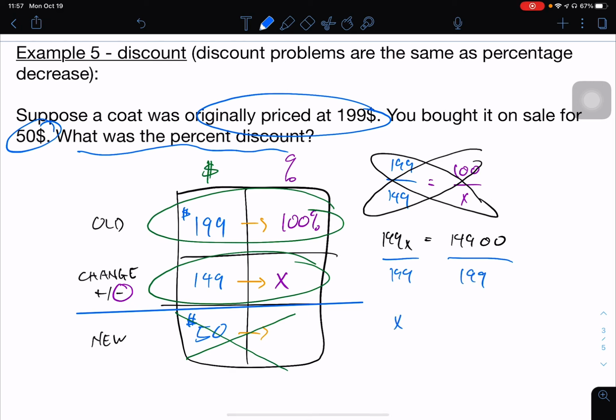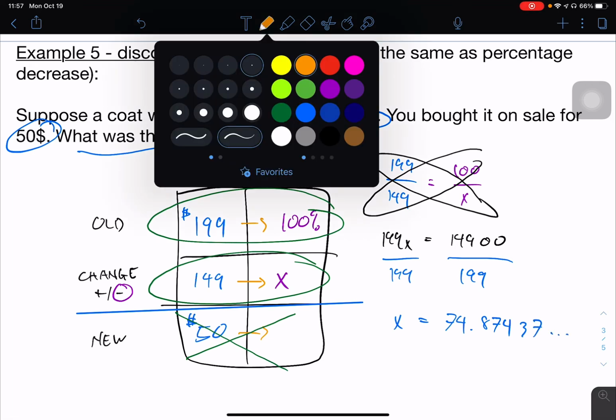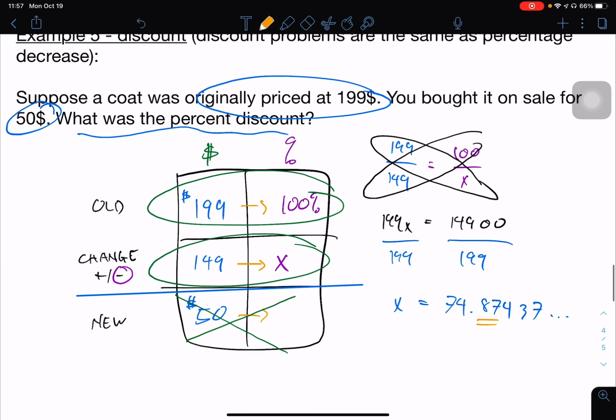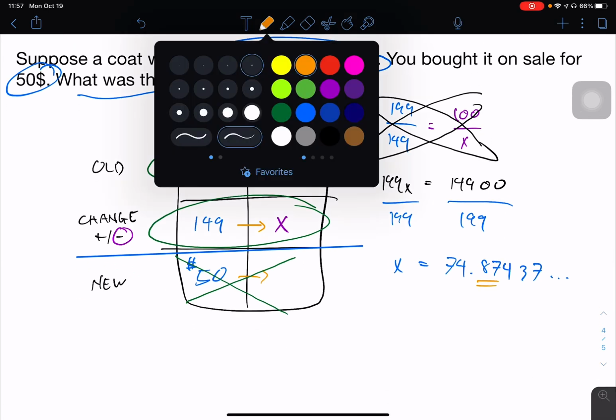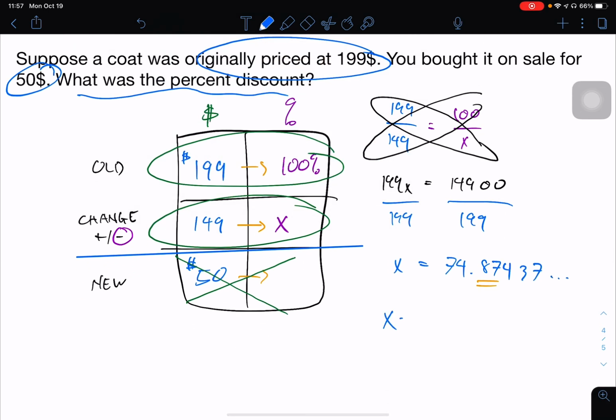And x equals what? 14900 divided by 199. So you get a really long answer, 74.87437, and so on. But remember, we always round to 2 decimal places, normally with percentages. So our answer turns out to be x equals 74.87%. So that was the percent discount, right?